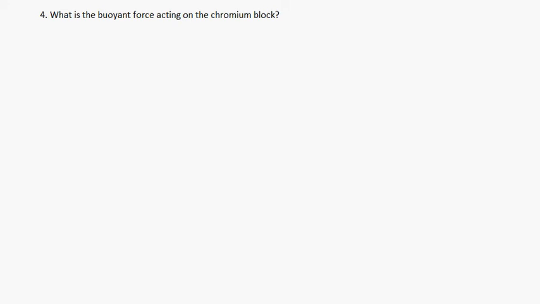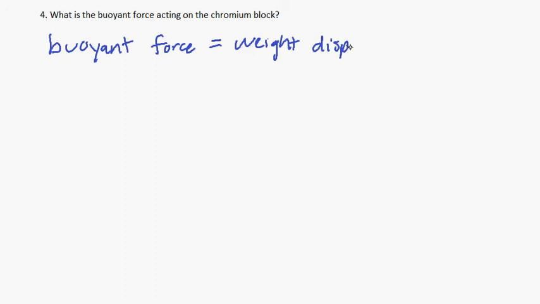We know from the Archimedes principle that the buoyant force is very closely related to displaced fluid. So buoyant force is equal to the weight of the displaced fluid. That means that we need to start thinking about how we're going to find the weight of the ethanol here based on what we know.